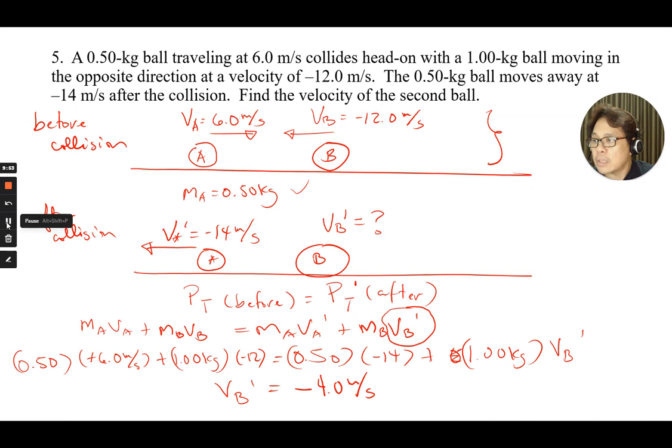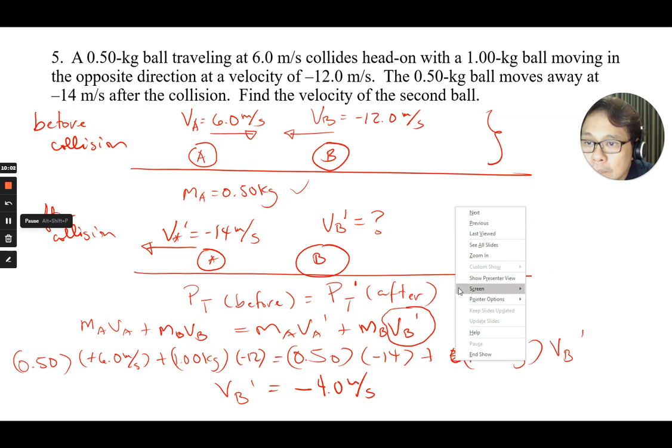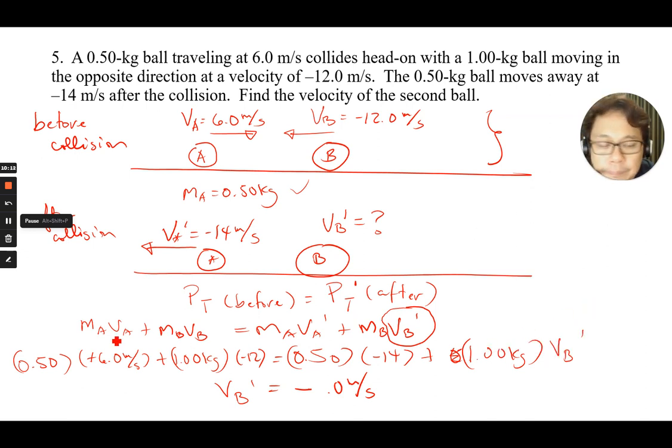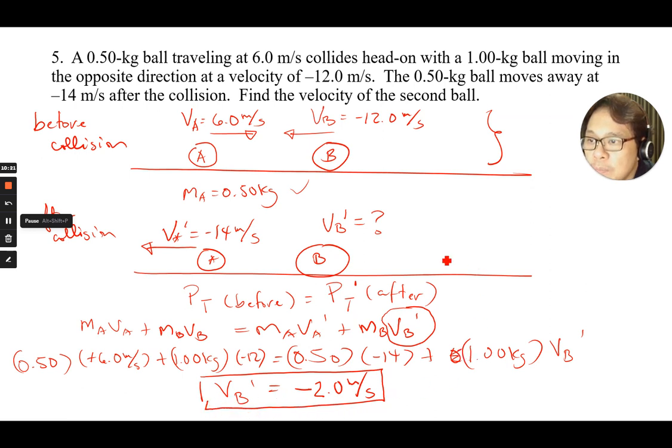Okay, let's check this out. Alright, this one should be negative 2. Okay, so VB prime is negative 2.0 meters per second.